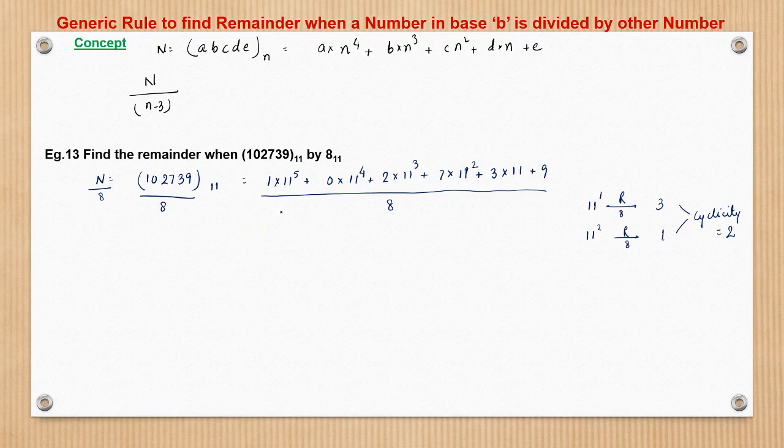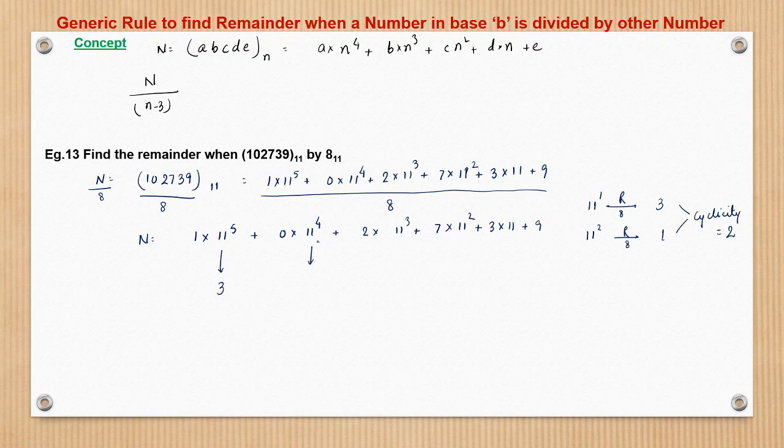So what we can do now, n is nothing but 1 into 11 raised to power 5 plus 0 into 11 raised to power 4 plus 2 into 11 raised to power 3, 7 into 11 square, 3 into 11 plus 9. Now 11 raised to power 5 by 8, what would be the remainder? 5 being odd, it will be 3.